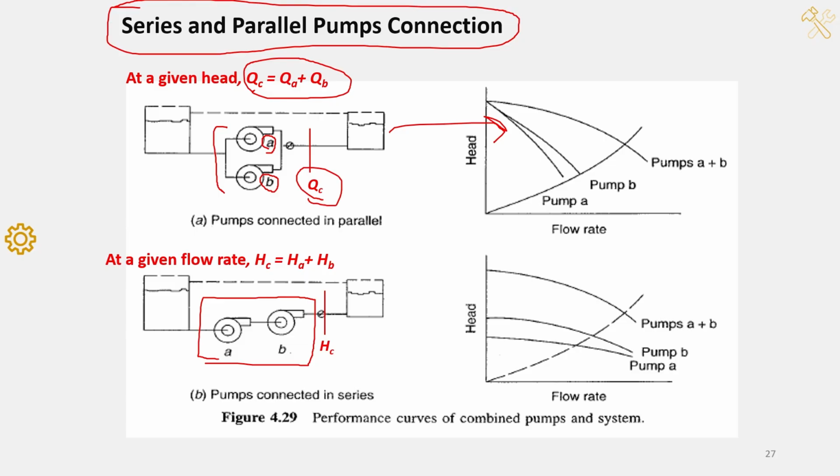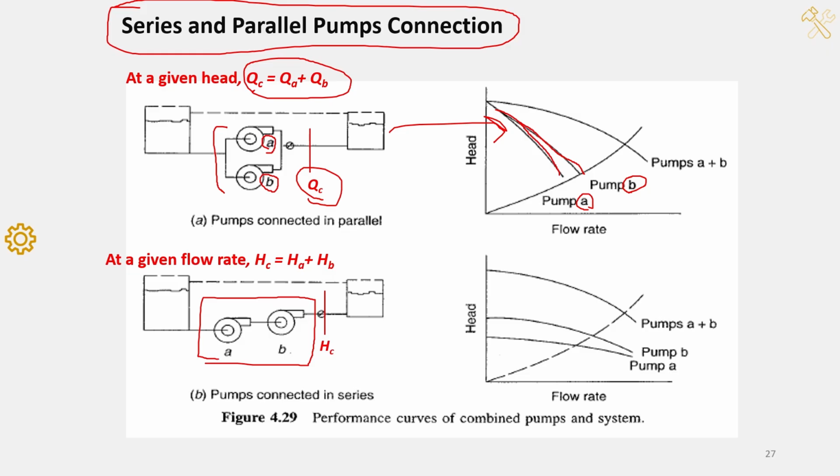So you see pump A, pump B. Pump A is this much. It looks like these two pumps are not similar. You see, if they are similar and running at the same rotating speed, then this curve should match the other one, okay? But it looks like they are either running at different speeds or they are of different sizes.